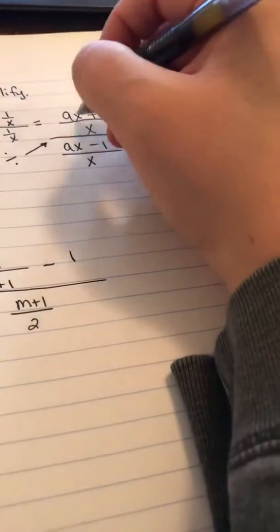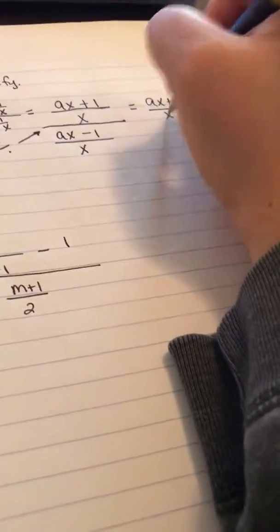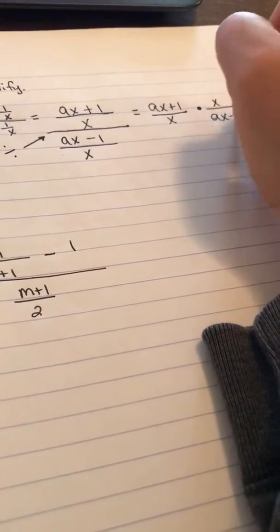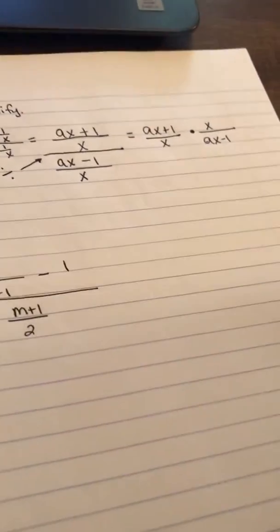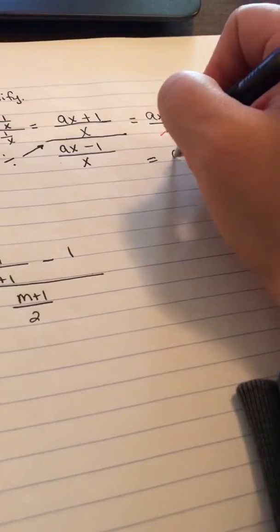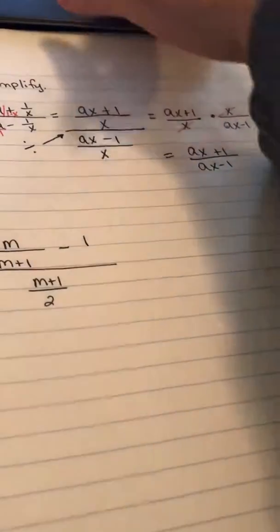So keep the top one the same, switch to multiplication, and flip, do the reciprocal of the bottom. And then simplify, so our x's cancel. This is a plus, this is a minus, so you can't do anything with that. So your answer is ax plus 1 over ax minus 1. And again, for these, we're assuming that the denominators are not going to be 0.